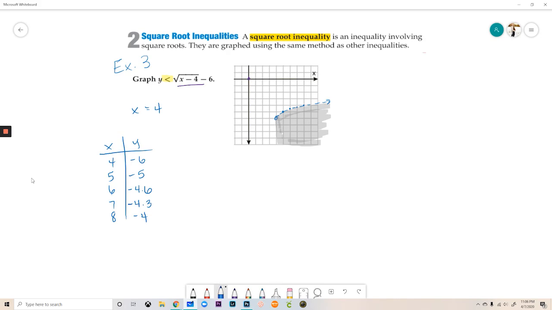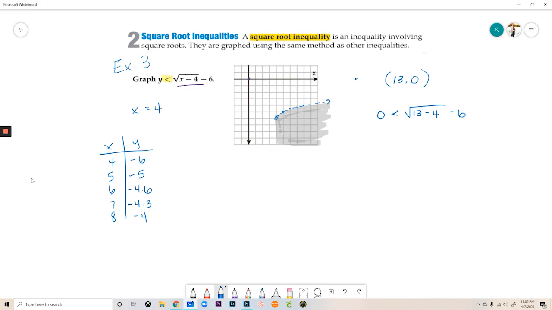So I'm going to pick a point. I'm going to pick the point 13, 0, and I'm going to see if that's true. I'm going to plug in 0 for y and 13 for x, and see if I get a true statement. If I do, then that's where the shading should be. So 13, 0 is going to be up here above the line, so that's not where we shaded.